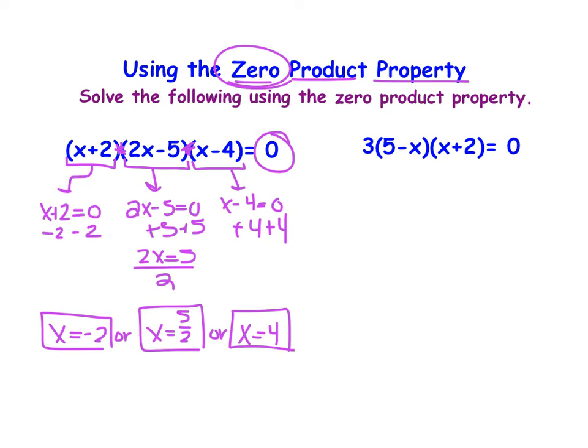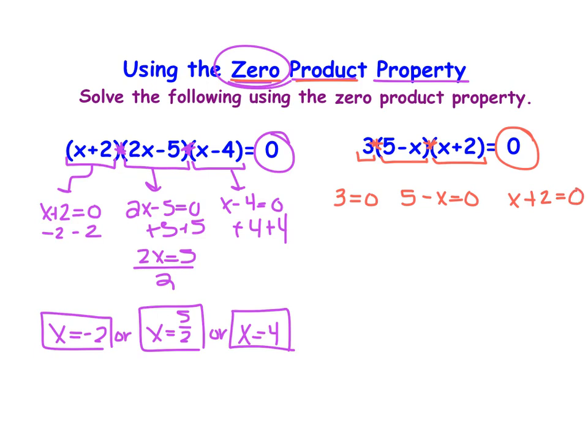So then final example here, I notice I have 3 times 5 minus x times x plus 2. So again, I notice I have three things being multiplied and they all equal 0. So that means zero product property. So from here I then look and I can set each component equal to 0. So I have 3 equals 0, 5 minus x equals 0, and x plus 2 equals 0.